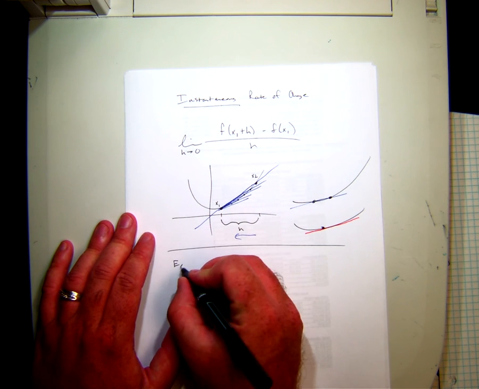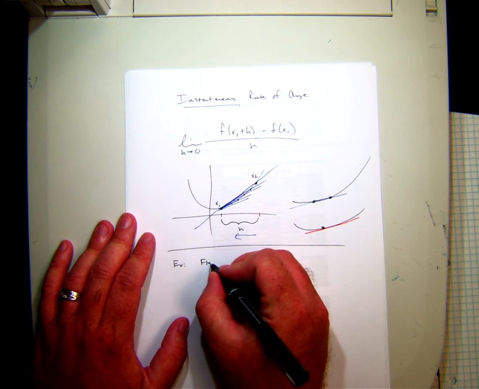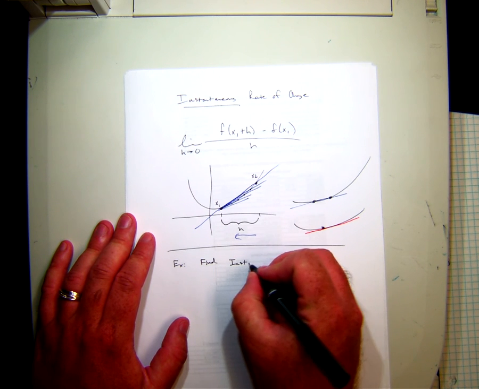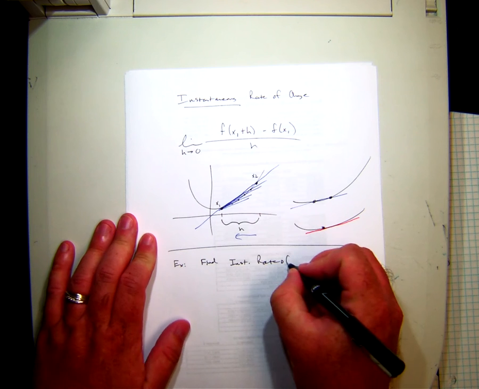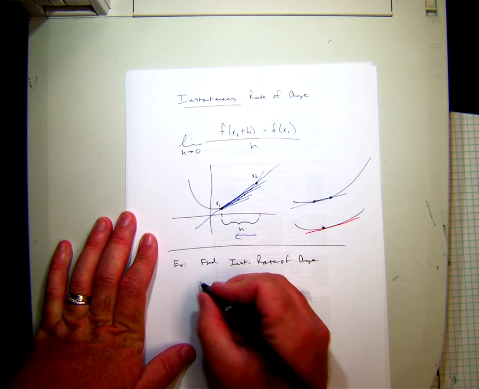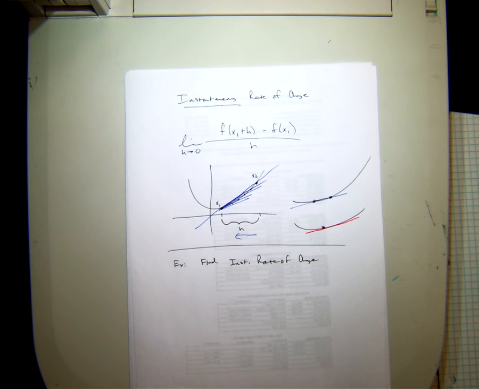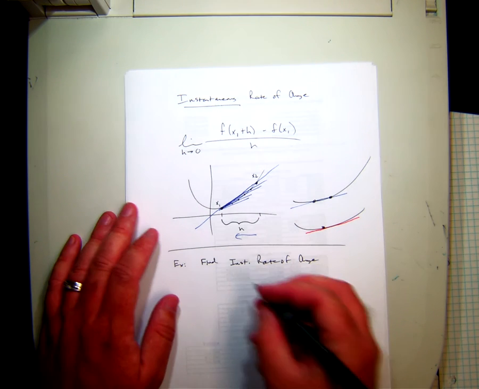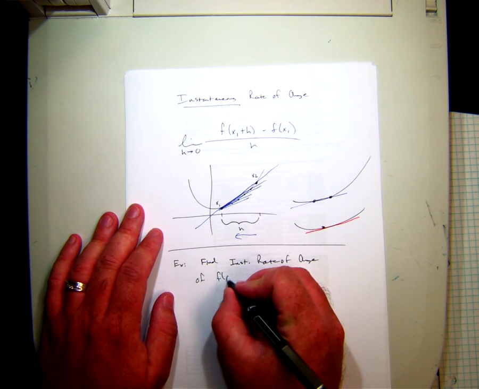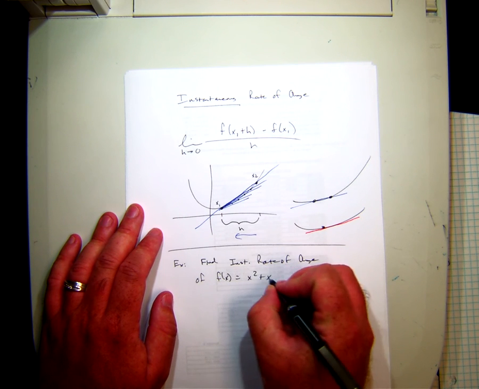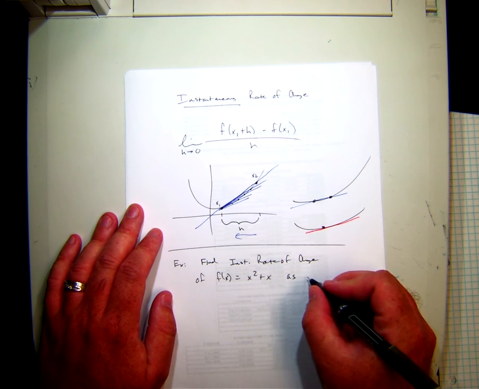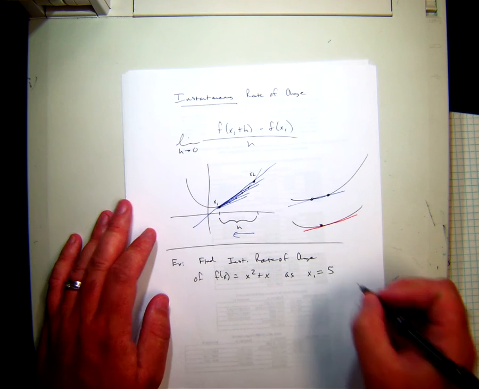Okay? So here's an example. Find the instantaneous rate of change of f of x equals x squared plus x at x1 equals 5.